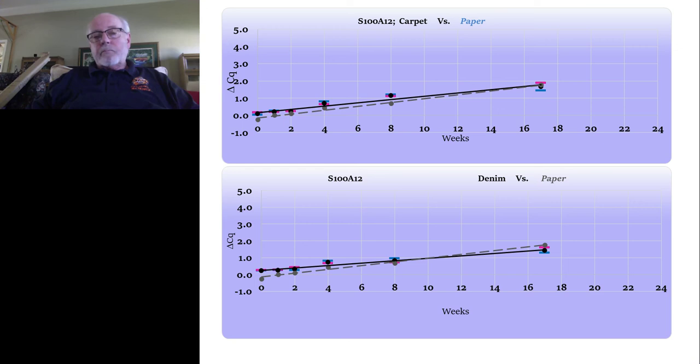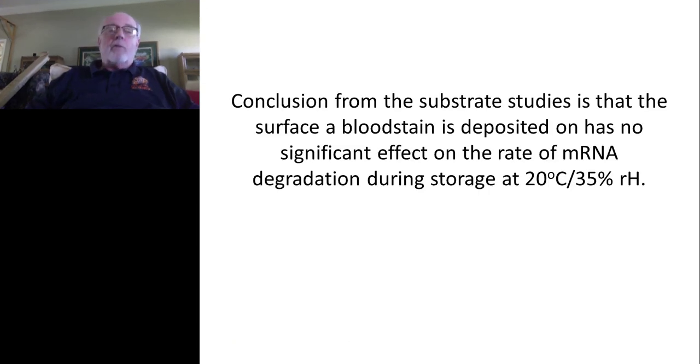So the effect of the substrate is not very significant. It really doesn't have much of an effect on the rate of RNA degradation, which is good, because if it did, that would be a further complicator or distractor in trying to develop an algorithm with which to estimate time.